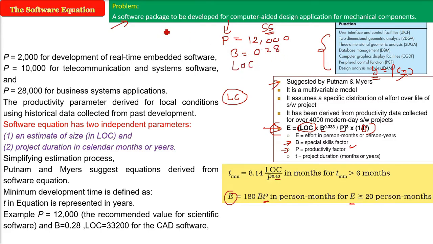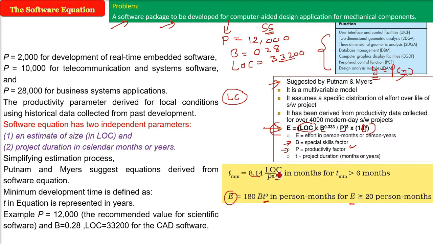The B value is specific for this CAD software. There are other software types, so there will be a specific B value, that is this special skills factor, because this CAD development needs a specialized skill factor from the team and the expertise they require. So we have 0.28 as B. LOC is 33,200. Now let us find out the time and the effort.